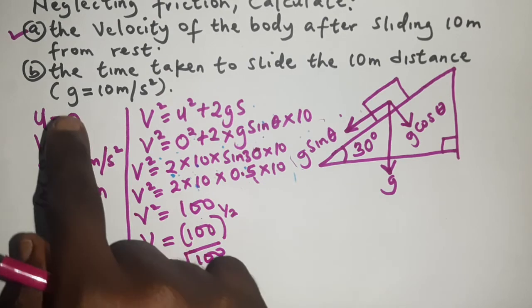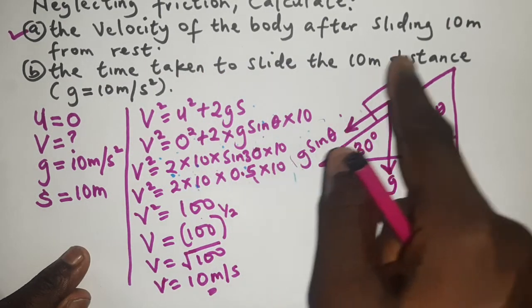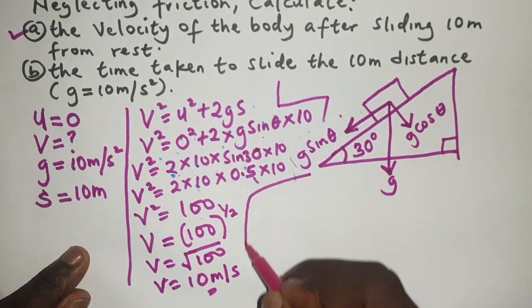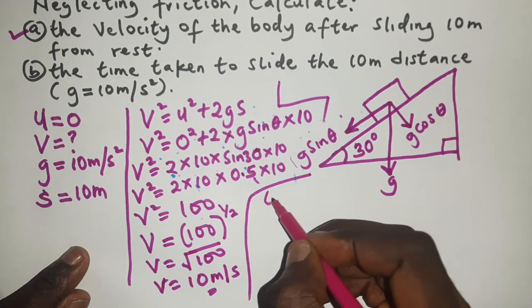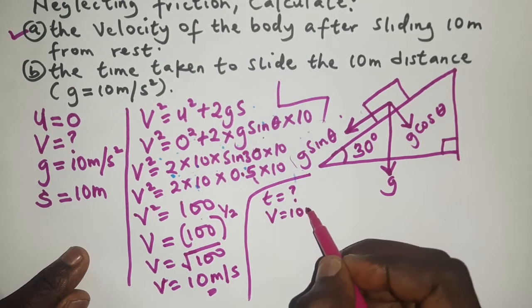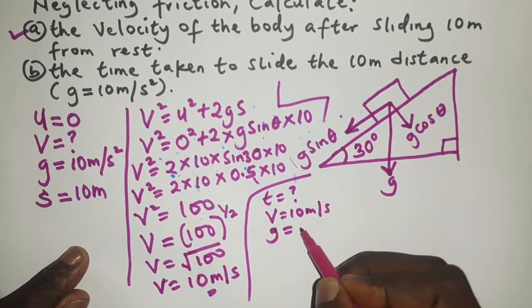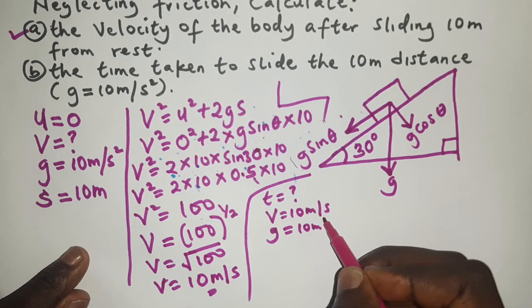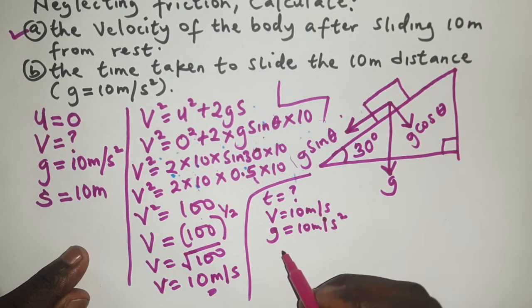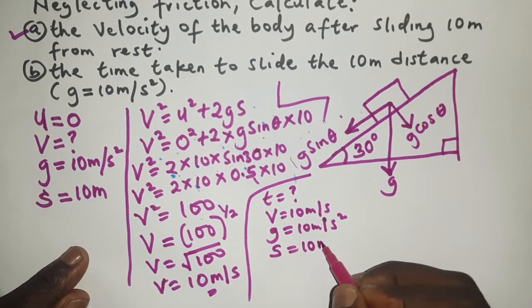Part B now says the time taken to slide the 10-meter distance. So the time taken will be t, question mark. We now have our v as 10 meters per second. We still have our g as 10 meters per second squared, and we still have our s as 10 meters.